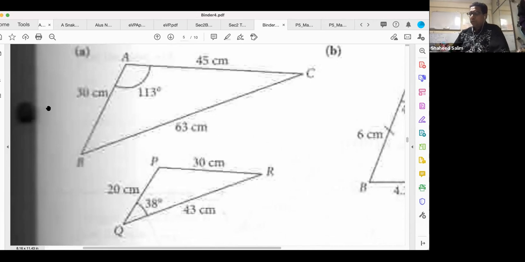You use a ratio. You know the ratio method? Take the bigger one, divide by the smaller one. Corresponding, it has to correspond. You see whether the ratio is the same.